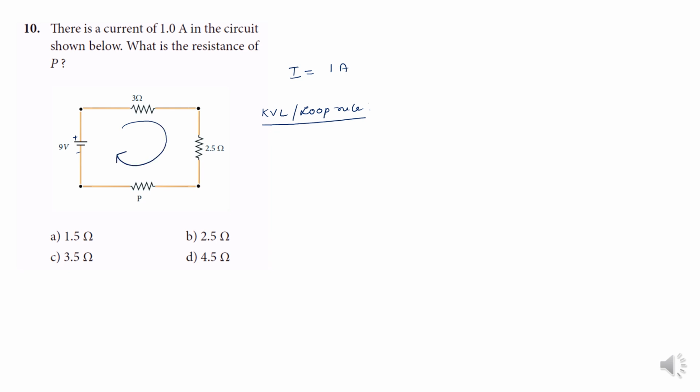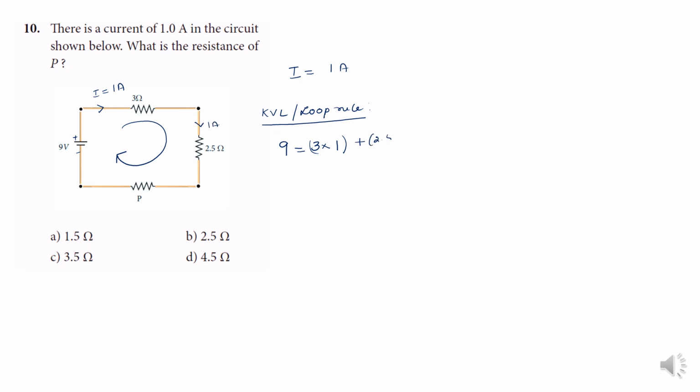So the net EMF is 9 is equal to current I passing through this. I is equal to 1 amps flows through all these resistances. So the product of current and resistance is first 3 into 1, across the first resistance, plus the same 1 amps flows through this 2.5 as well.